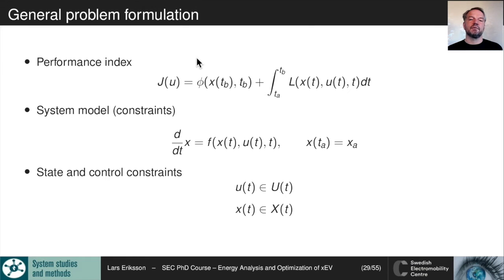Then we could have here a condition that is a penalty on the end state. For example, if you look at a hybrid, the state of charge is usually a state that we want to look at. And for hybrids, we want to make sure that the state of charge is at the desired level. So if we have a pure hybrid, we should have something that's called a charge sustaining strategy, as I talked about in the last lecture.